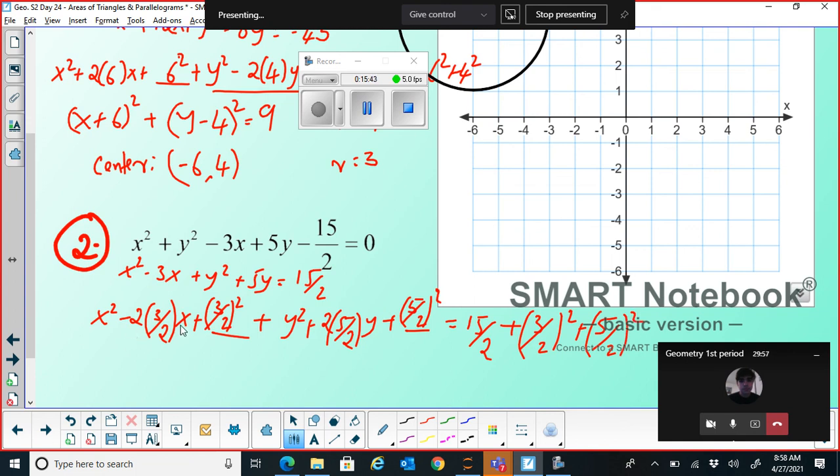Using these three terms I get x minus 3 over 2 whole square by the a minus b whole square formula. And using this I get y plus 5 over 2 whole square using the a plus b whole square formula.